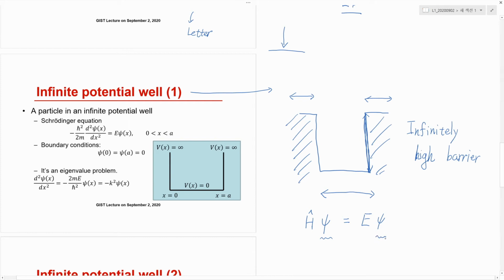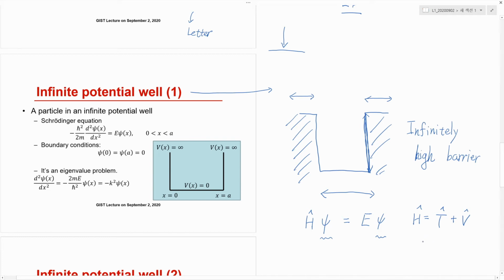So this is the original form, and the Hamiltonian operator is given as just the sum of the kinetic energy operator and the potential. This is still an operator, but this is just multiplication.